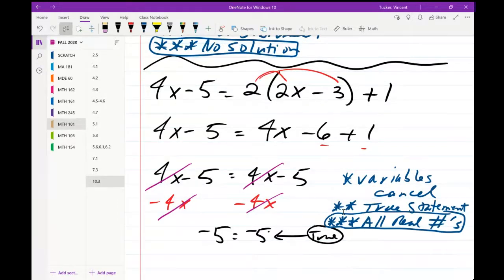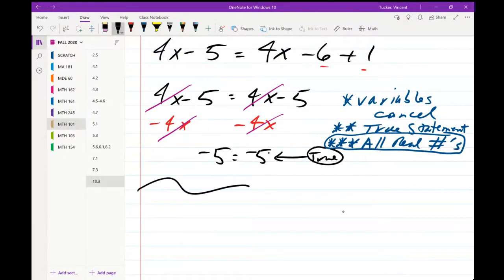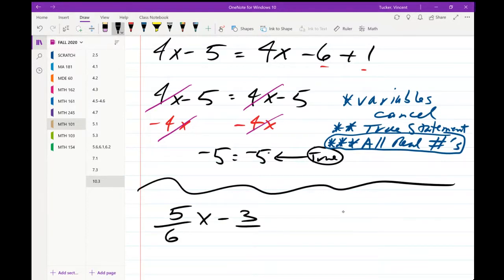All right, so I want to make sure I talk about fractions before we leave it. So here we have 5/6x minus 3/4 equal to 1/3.